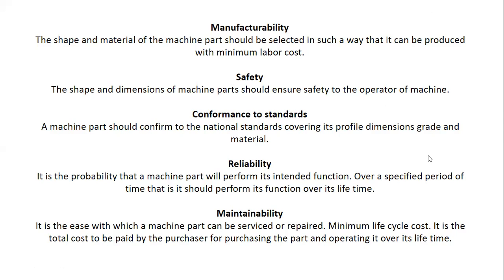Then maintainability. It is the ease with which a machine part can be serviced or repaired. Did you produce a machine part that is very difficult to repair? I remember quite well that one of the advantages that the Chinese products got over other products was that you can easily get the parts. The parts are easily attainable and they are cheaper.